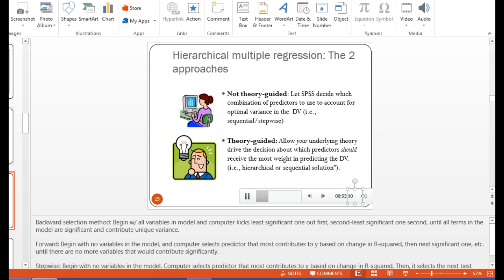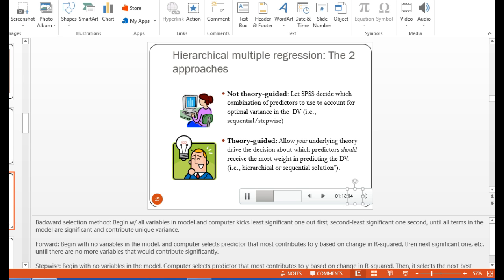Based on the new beta weights, the computer decides this next predictor is predicting the least significant amount of variance in the DV, so it kicks that one out, and then reanalyzes. It goes through this iterative process until all the terms in the model are significant and contribute unique variance to the DV. So that's the backward method.